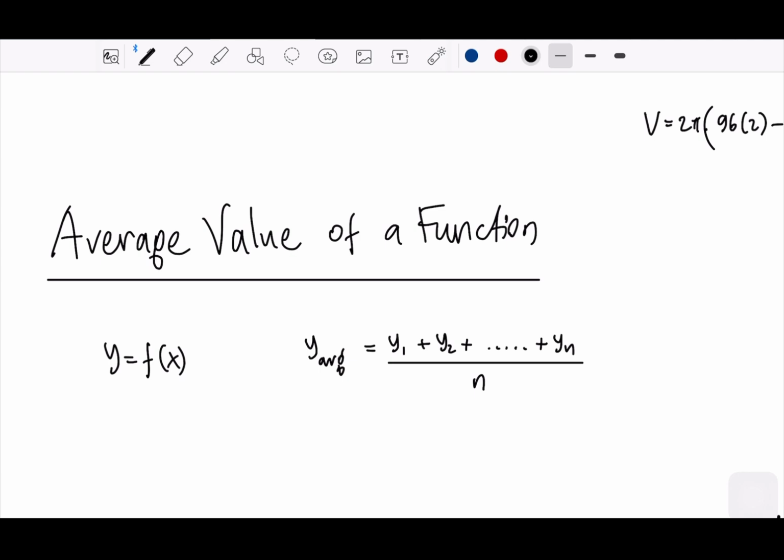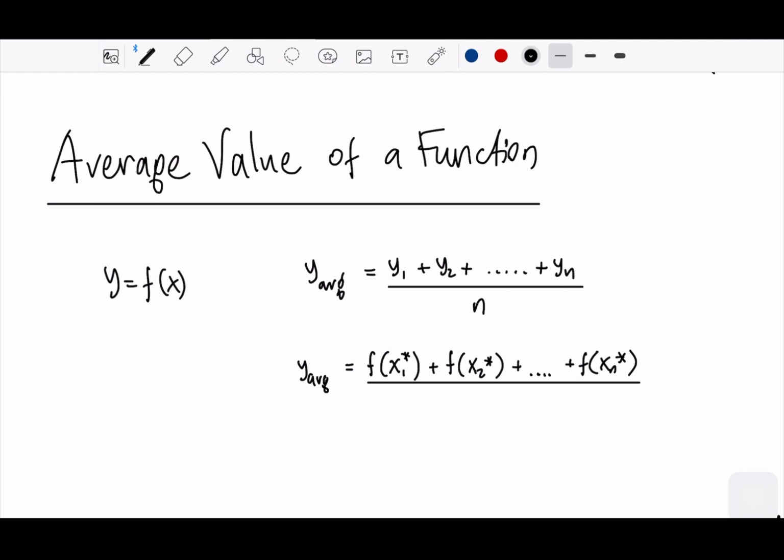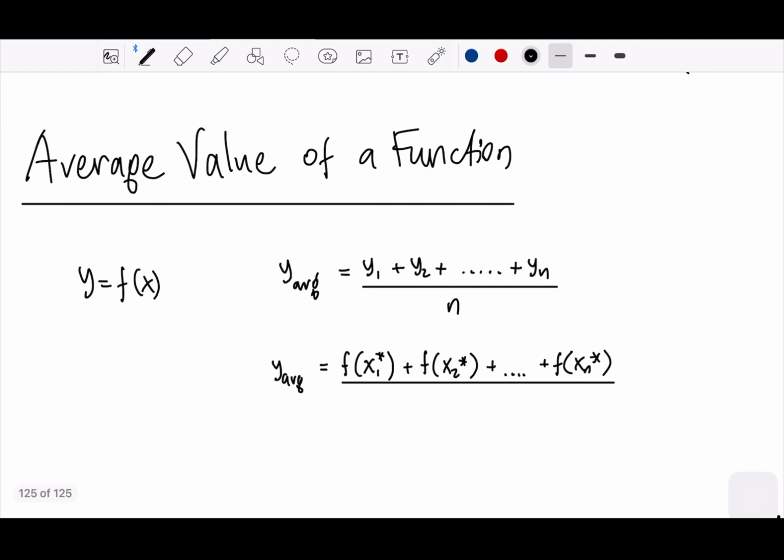Now, because we define y as a function of x, we could also define the y average with each y as a function of x. Let's say x1, and let's imagine that it's a sample point, until some xn, and then divide by n.